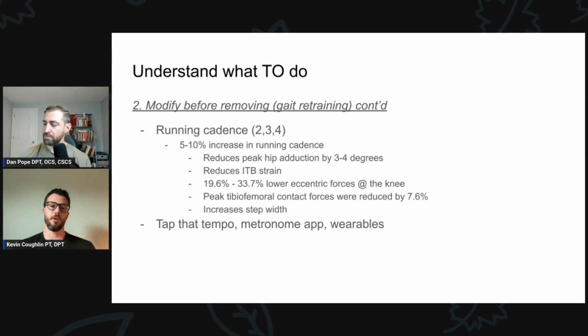So perhaps you have someone presenting with distal IT band pain. They have a crossover gait pattern, and their cadence is somewhere around 160 steps per minute, right? So if we can go ahead and increase that person's step rate by 5 to 10%, say we bump that up to like 175 steps per minute, they can sync their running with a metronome.